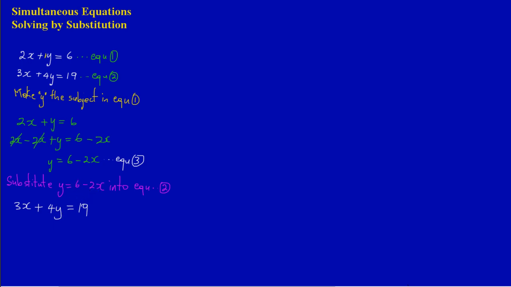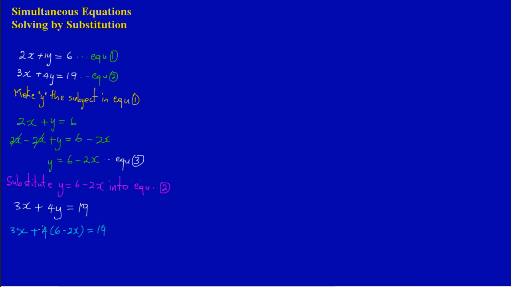So we have 3x plus 4, and the y is multiplying the 4, so I'm going to open a bracket, remove the y and put the expression that y represents, which is 6 minus 2x, close bracket, and that must be equal to 19.